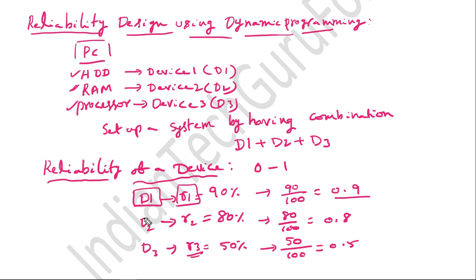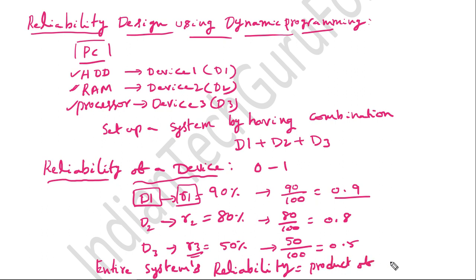Now the problem is when we calculate the reliability of the entire system. The entire system's reliability is equal to the product of Ri, that is R1 into R2 into R3.